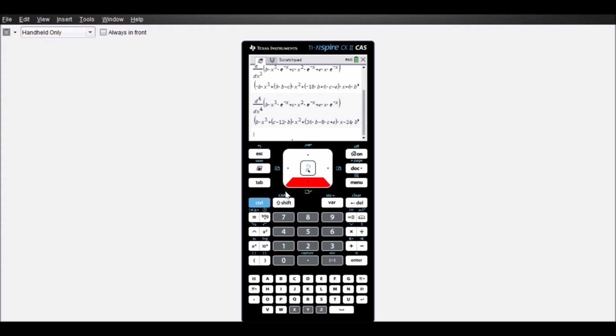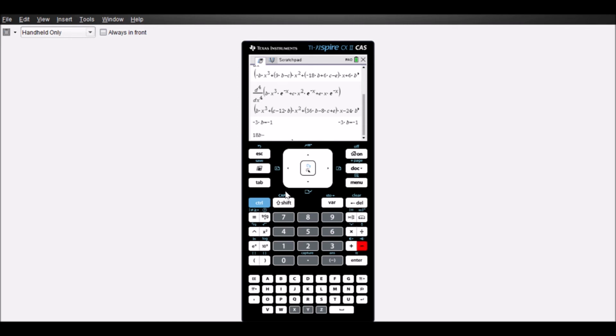So the system that we're going to solve will be negative 3b is equal to negative 1, 18b minus 2c is equal to 0, and negative 18b plus 6c minus e is equal to 0.